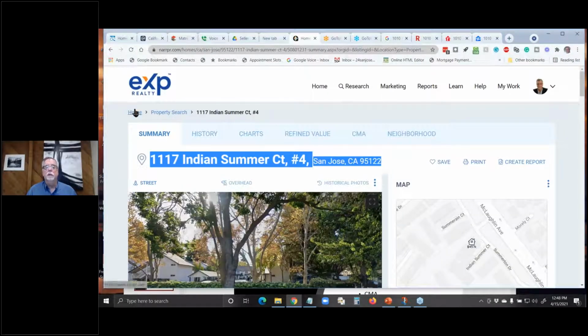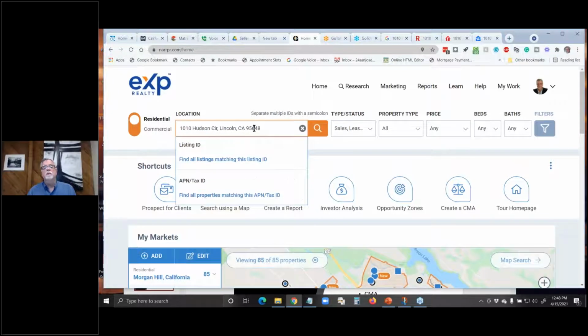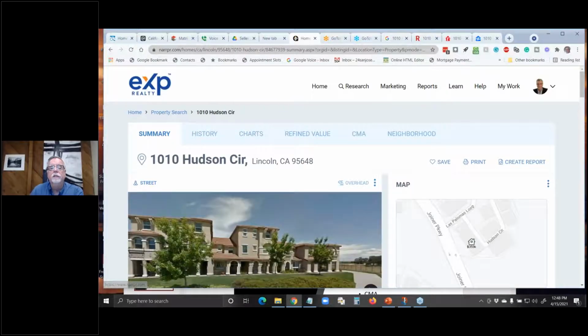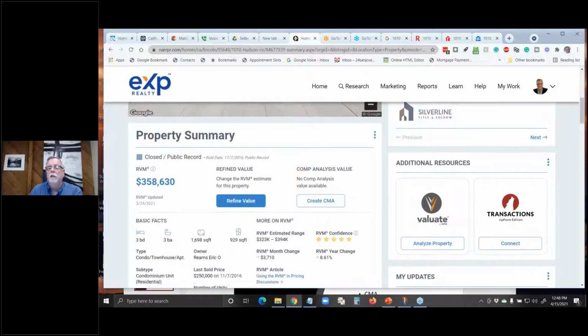This was another property somebody wanted, and I wasn't going to do it because it was a condominium, and they're not that difficult because there's often the same price, but let's just go with this one. Once I drop it into RPR, RPR has its own valuation model of 358. I'm going to say 358 is the realtor's valuation model.